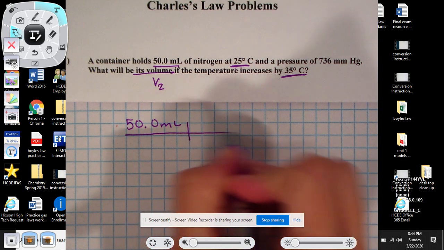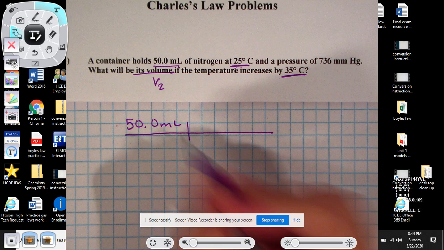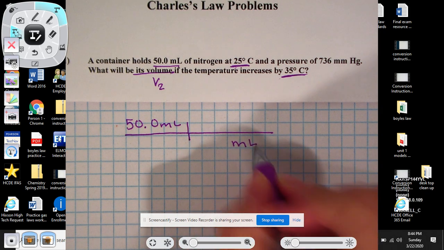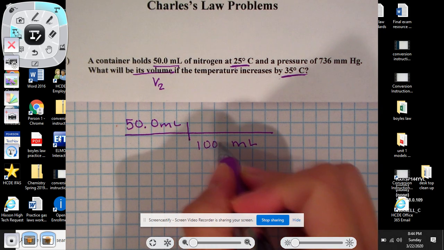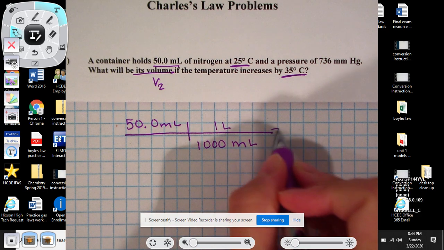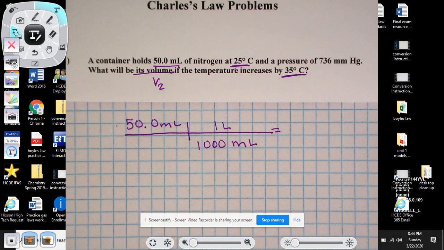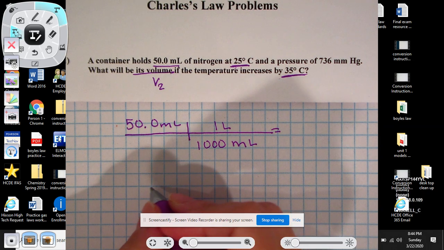If you remember before, milliliters are on top, milliliters on the bottom. There's 1,000 milliliters in every 1 liter. Or you can do the whole, move the decimal place over 3 places, whichever works for you. And then to calculate the temperature change, we've got 25 degrees Celsius.